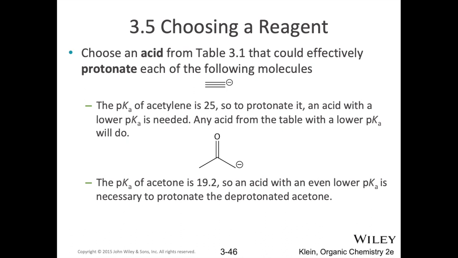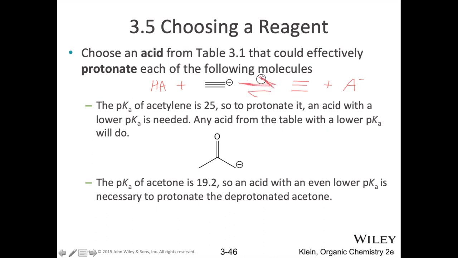25. If you're having trouble visualizing this, you can actually try drawing out an equilibrium to see how this works. So this is your base, and you're reacting it with some generic acid, HA. This gets protonated to go back to acetylene, and you have the conjugate base of HA, which is A minus. Now, remember, you want this equilibrium to go forward.